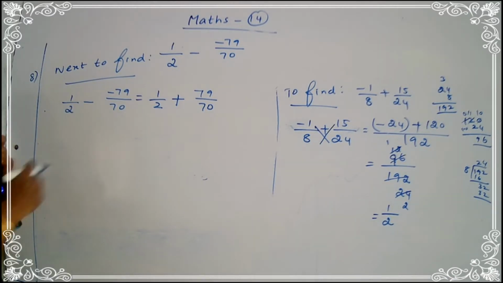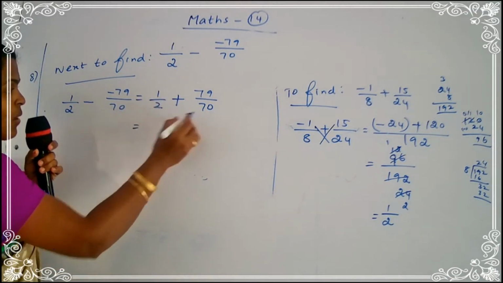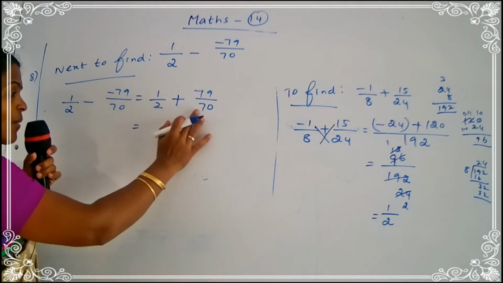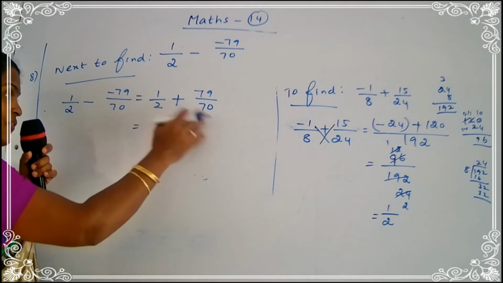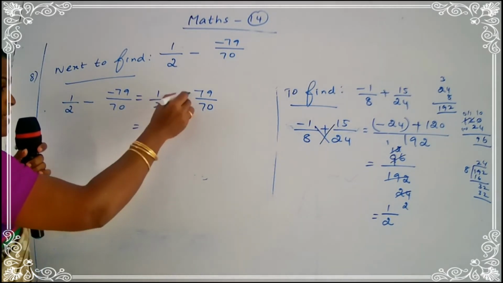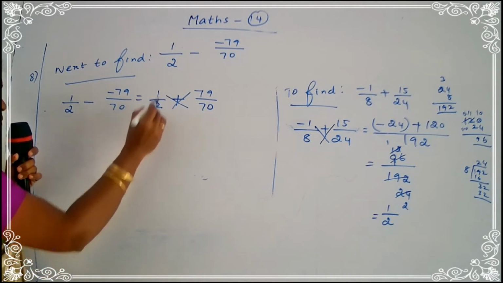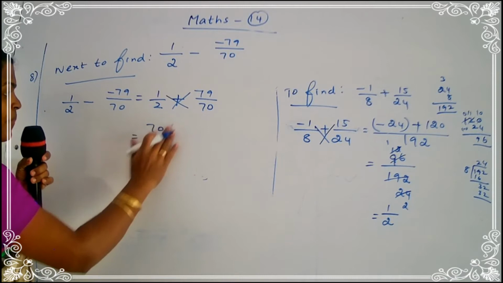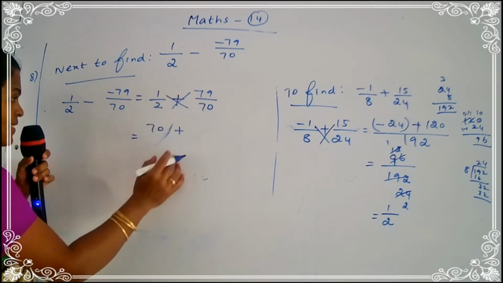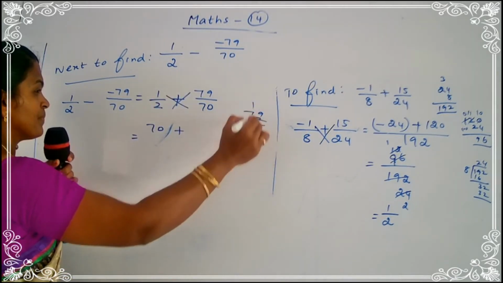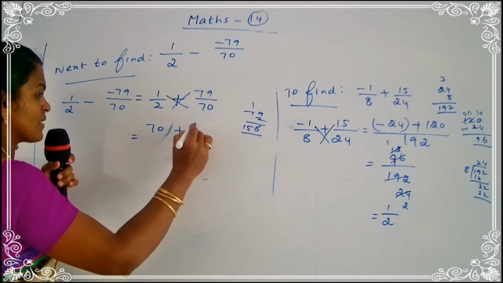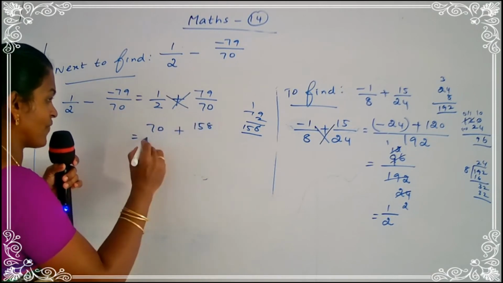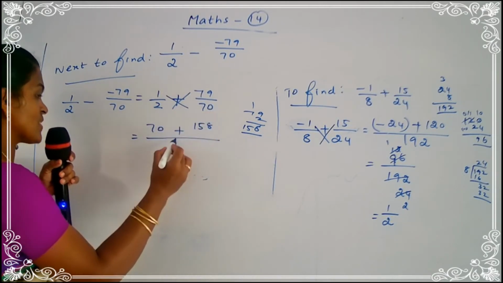Okay, so then now what to do? In addition, you see the denominators are different. So we follow the cross multiplication method. Okay children. 1 times 70 is 70, plus 79 twos are 158, upon 2 times 70 is 140.